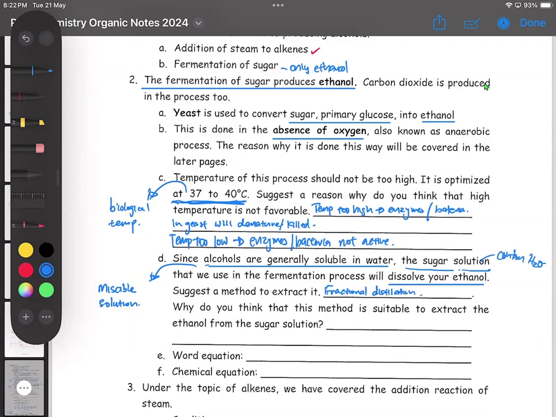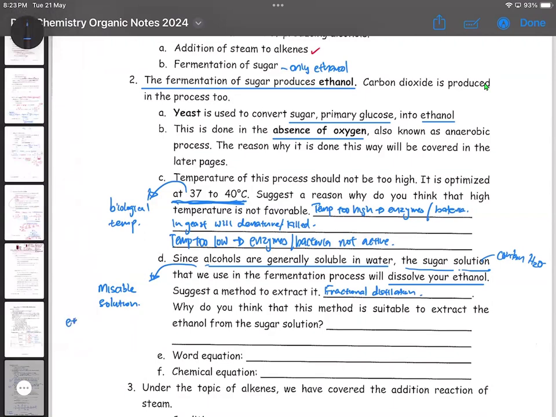One of the good temperatures to remember: ethanol boiling point, 78 degrees Celsius. Water, 100 degrees Celsius. Do you need to memorize? No, but good to know. So far, any questions from anyone?